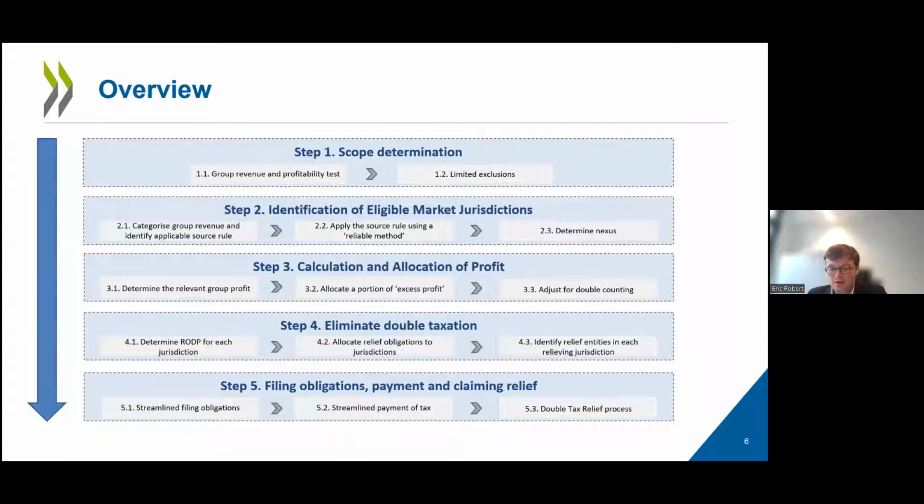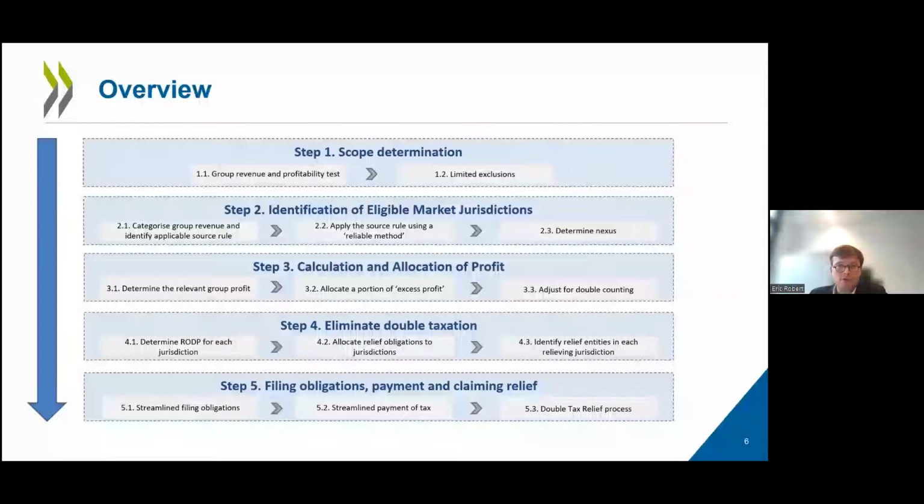And one is that something that is likely to strike you after going through this model is the novelty of some of these features in that model compared to the existing profit allocation rules that you're familiar with. This novelty has to do, for example, with the calculation, the computations, which are conducted at a group level in many instances for the purpose of scope. You would see it under step 1, but also to determine what we call the allocation tax base, the basis for the allocation under step 3.